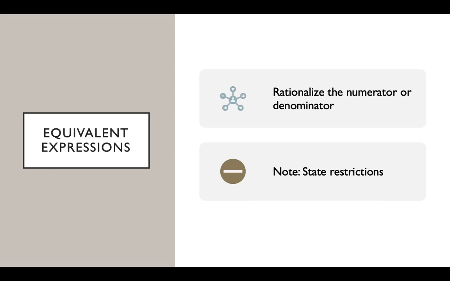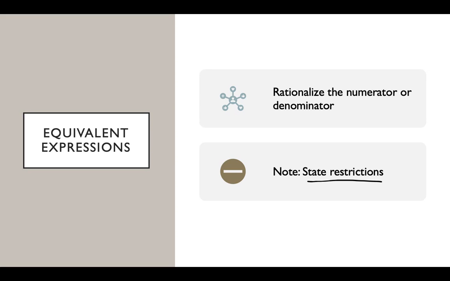Now the next type of question is finding equivalent expressions. Equivalent expression means that you could rationalize the numerator or denominator depending on where the radical is located. And keep in mind that you have to state the restriction for the denominator, because you don't want the denominator to equal 0, or else it will be undefined.